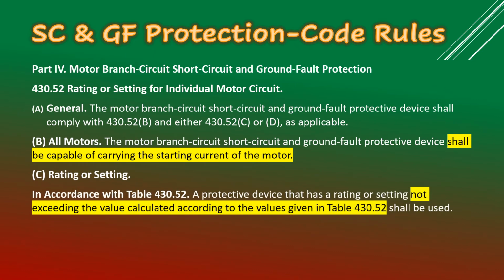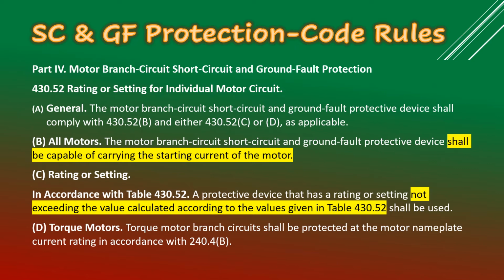So setting or rating in accordance with Table 430.52: a protective device that has a rating or setting not exceeding the value calculated according to the values given in Table 430.52. So the code tells we have to use this table 430.52.